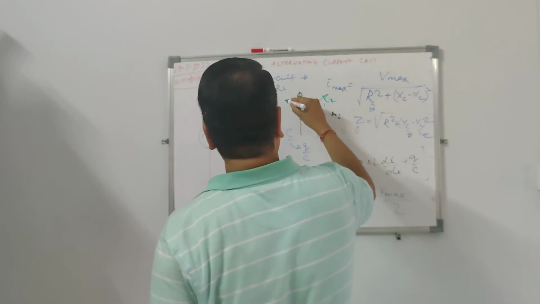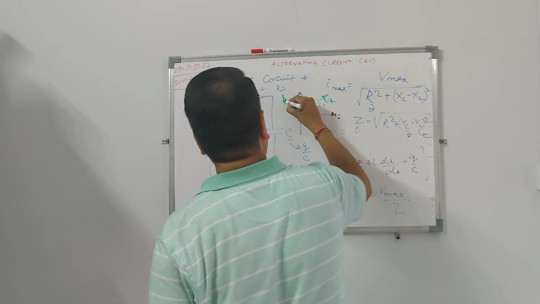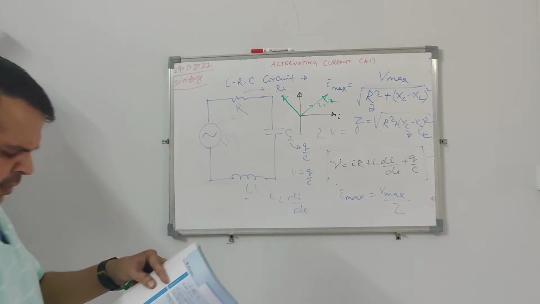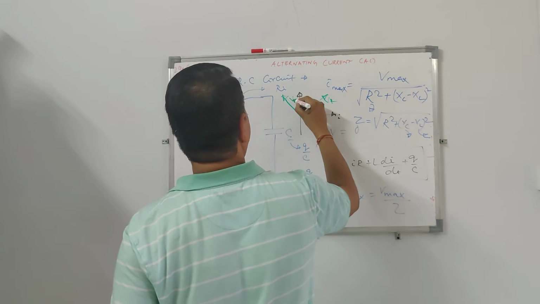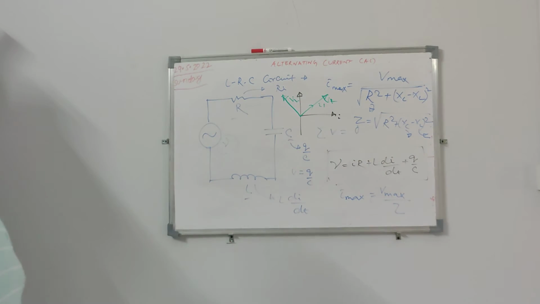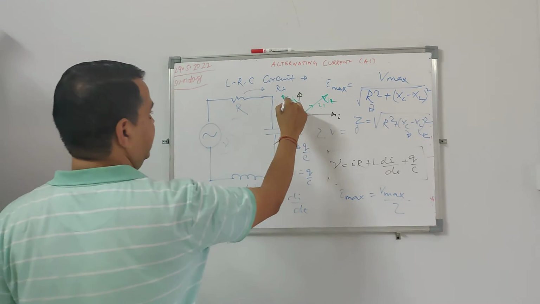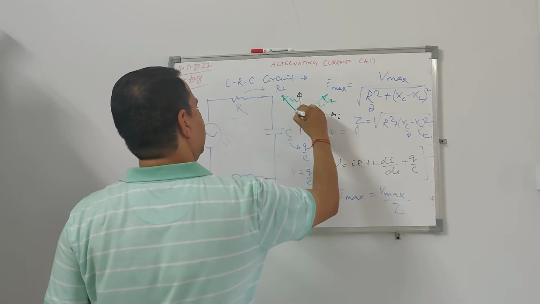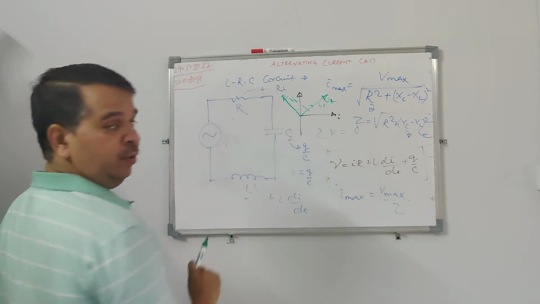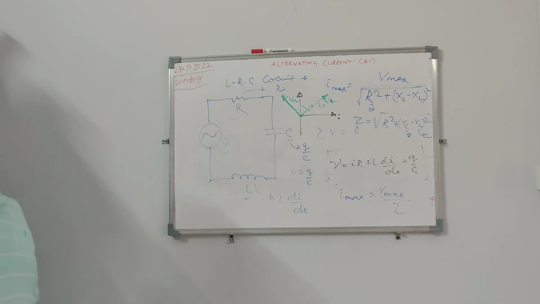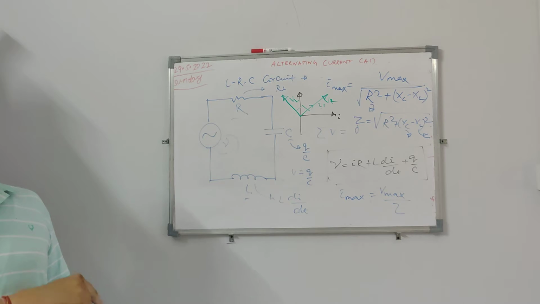Then my capacitance through the inductor. This will be VL, right? If this is VR, if this is current in the resistor, my inductor voltage will be at an angle pi by 2, because whatever current is flowing in the resistor in the LRC circuit, the voltage in the inductor will be pi by 2 ahead of that.